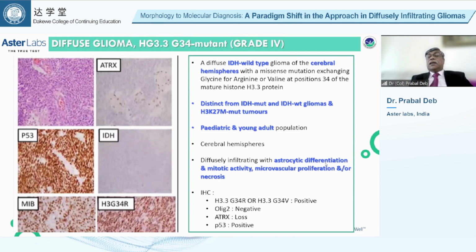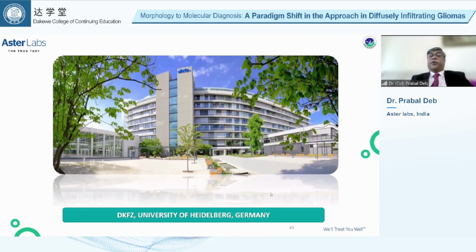It has distinct astrocytic differentiation with mitotic activity, microvascular proliferation, with or without necrosis. With immunohistochemistry, they are positive for the marker H3.3 G34, negative for OLIG2, have ATRX loss, and are P53 positive.